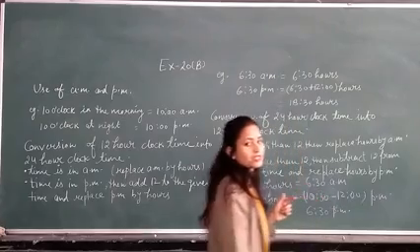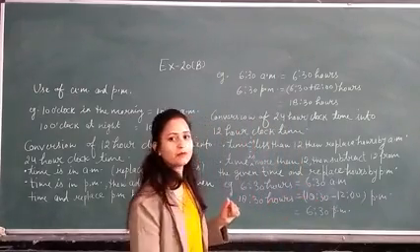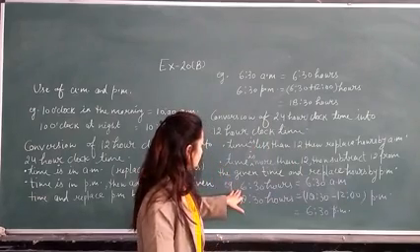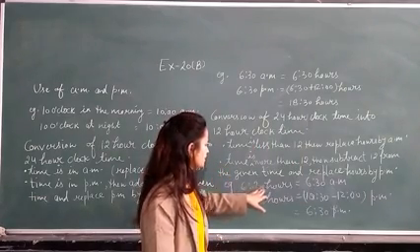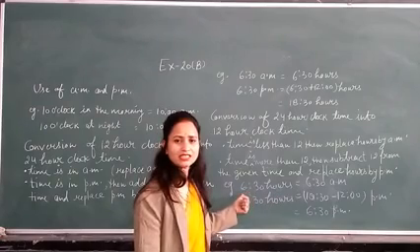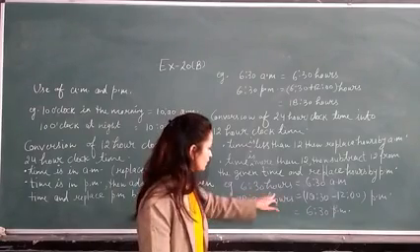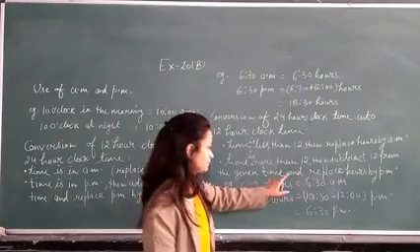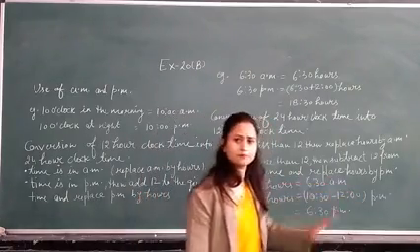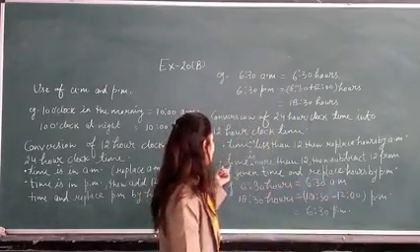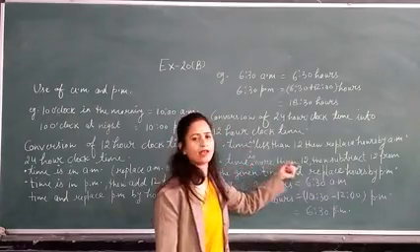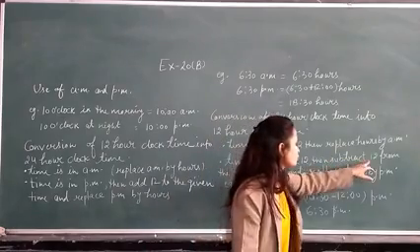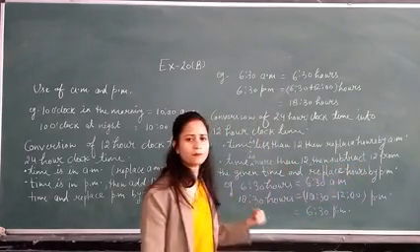Example, 6:30 hours. We can see this time is less than 12. So we will replace hours by AM. 6:30 AM.